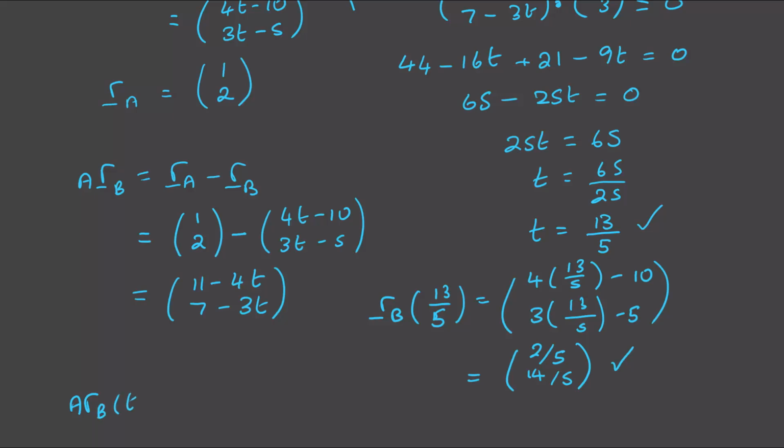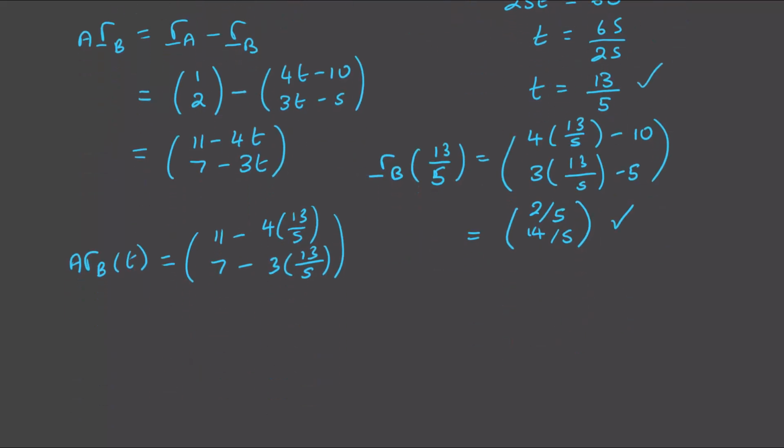ARB of t, and so we have 11 take away 4 times 13/5, and 7 take away 3 times 13/5. And we just need to calculate that. And that gives us (3/5, -4/5).